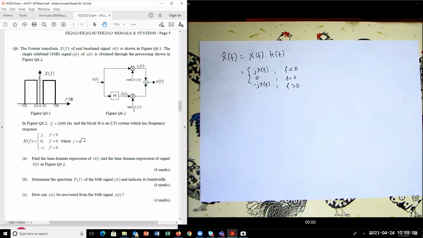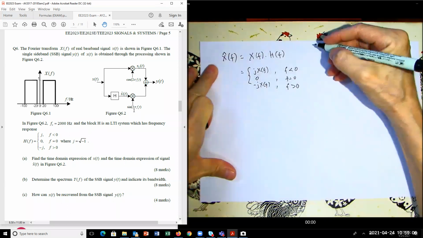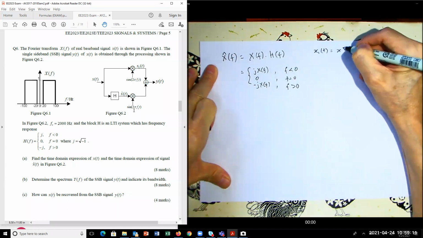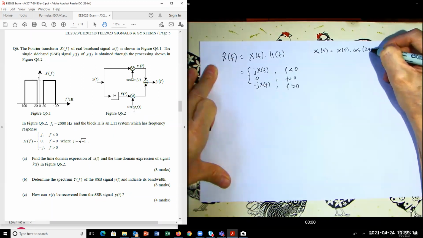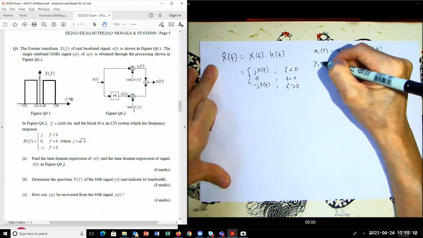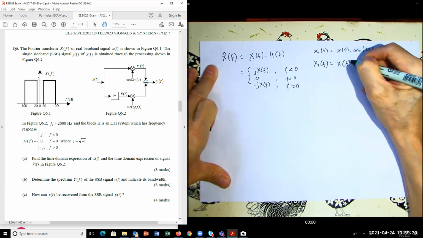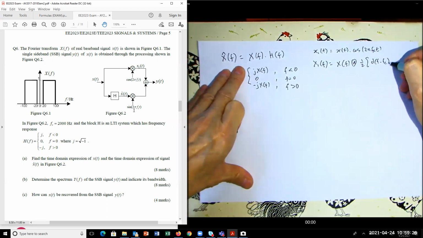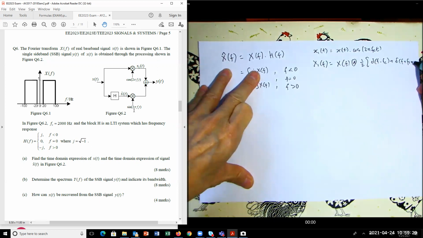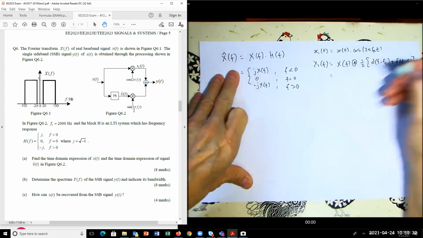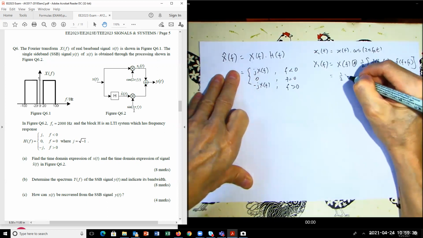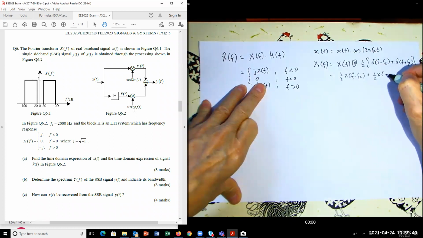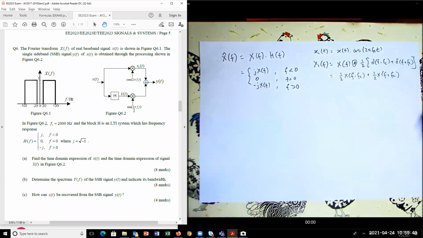So you have to do this part by part. Let's look at the top first. The top, X1(t), is x(t) times cosine 2 pi fc t. That means X1(f) will be X(f) convolved with 1 over 2 [delta(f minus fc) plus delta(f plus fc)]. That means this becomes 1/2 X(f minus fc), because of the replication, plus 1/2 X(f plus fc). So that's the top.